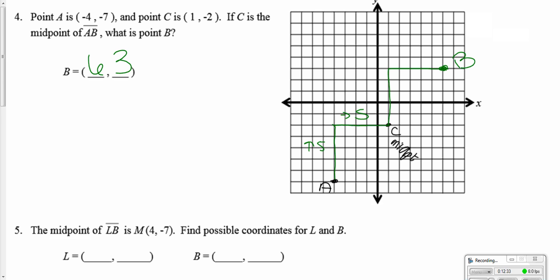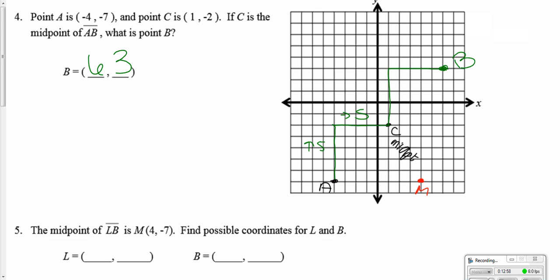Okay, for number 5, you have a wide variety of options. I'm going to draw this in. There's point M. Easiest thing that you can do to find the possible coordinates for L and B. You have a ton of possibilities you can do for this one.